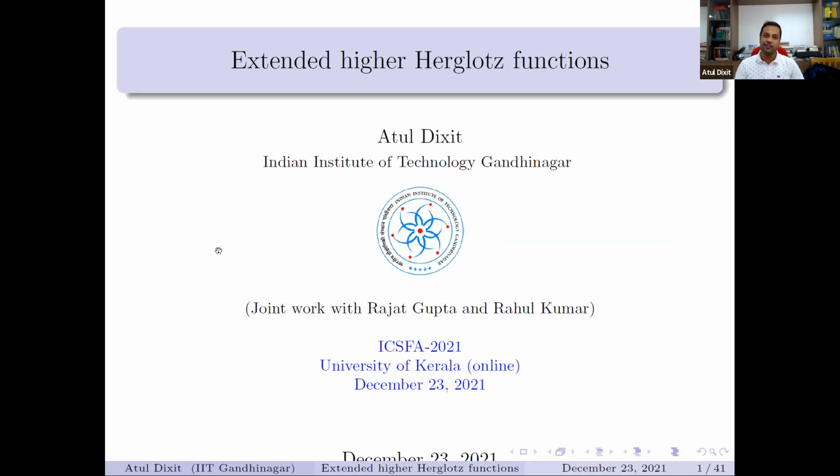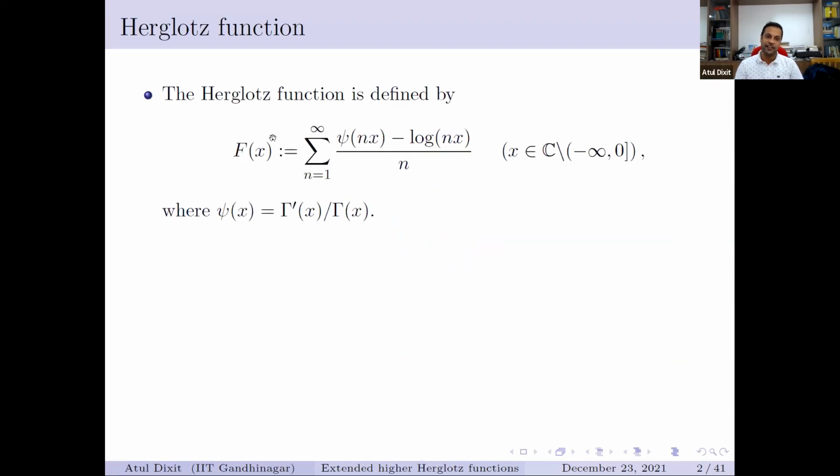So let me begin with what the Herglotz function is. The Herglotz function is defined in terms of this infinite series of psi of nx minus log nx divided by n. It's defined for any x in the slit complex plane, and psi is the logarithmic derivative of the gamma function. Sometimes this is called the digamma function.